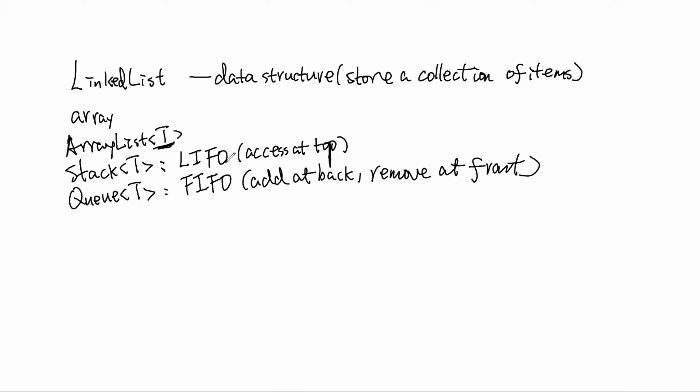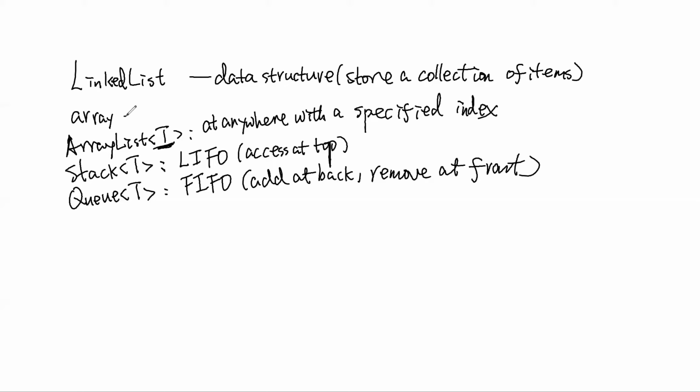But anyway, both of them only work at some end, either both ends or one end. Array list, if you recall, its benefit is what? You can access anywhere, but with a specified index.